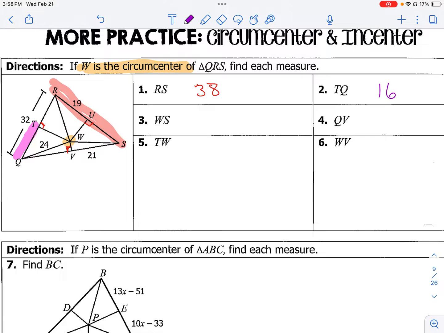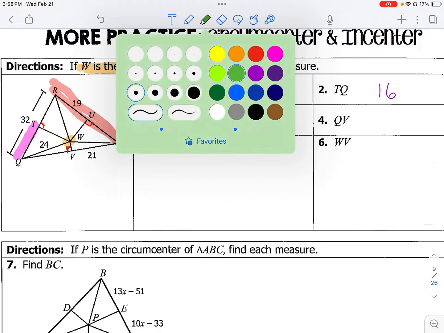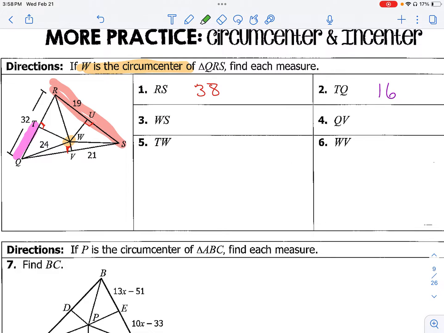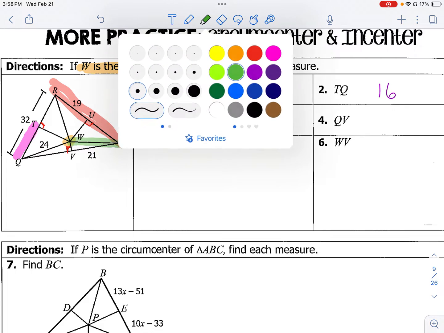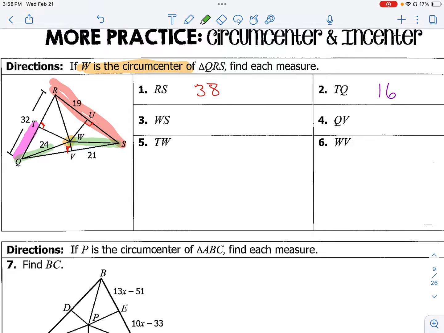WS, let's find WS. WS is right here, and that goes from the circumcenter to the vertex, so it's going to be the same as all of them. And since WQ right here is 24, WS also has to be 24.